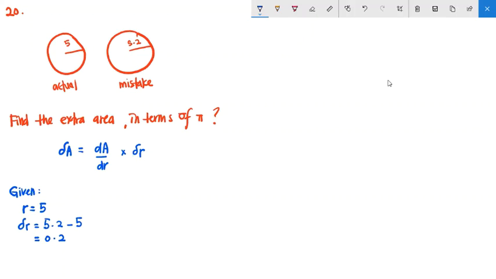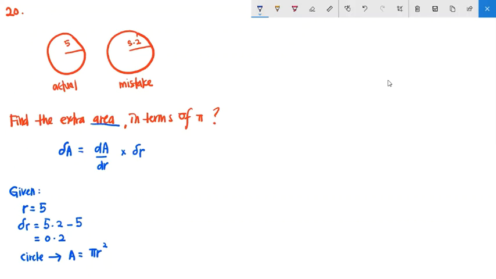Okay. Area of circle. Okay, this one nak given macam lagi. Circle, okay. Shape circle. Area. So A is equal to pi r square.